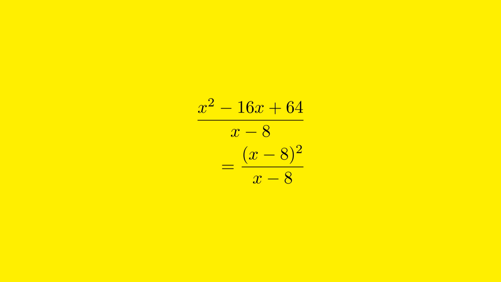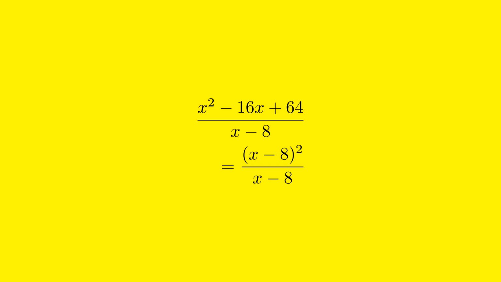To factor the quadratic expression x² - 16x + 64, we look for two numbers that multiply to 64 and, at the same time, add up to negative 16. These two numbers are negative 8 and negative 8, because negative 8 times negative 8 equals 64, and negative 8 plus negative 8 equals negative 16.